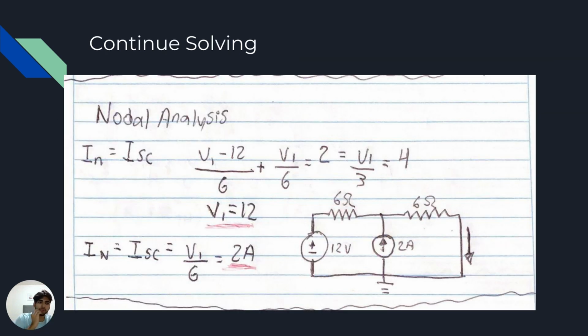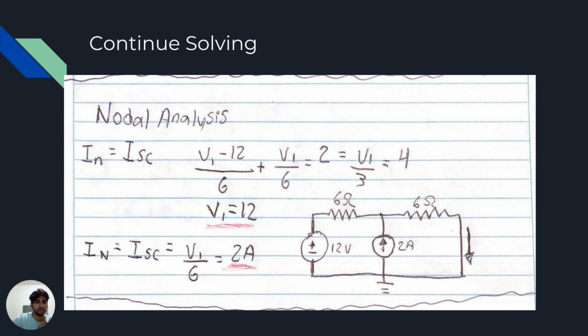And in here, we are going to continue using a short circuit calculation. So we see the current of Norton and the short circuit are the same. So we first start with a fraction of voltage: V1 less the voltage source of 12 over 6 plus V1 over 6, and in the end V1 equals 12.